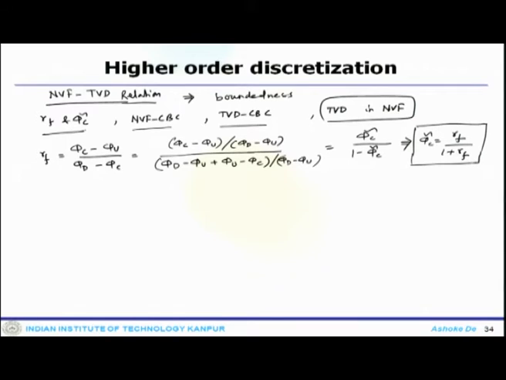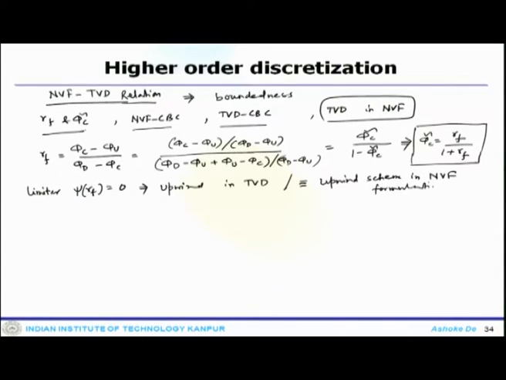Now, using this information, the linear schemes can be compared in two different frameworks. The limiter psi Rf equals 0, which represents the upwind scheme in TVD formulation, is also equivalent to the upwind scheme in NVF formulation.